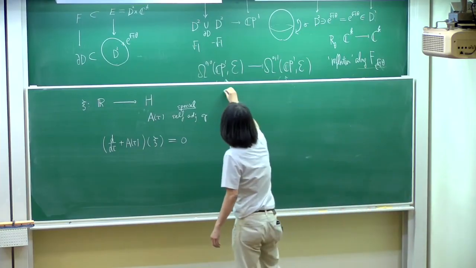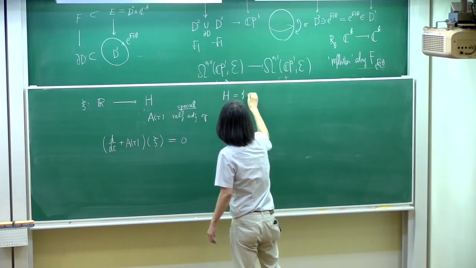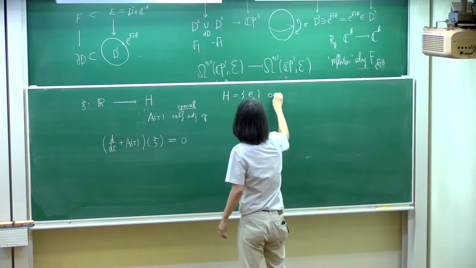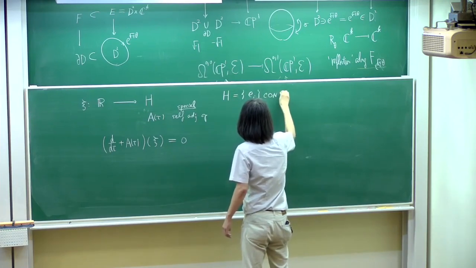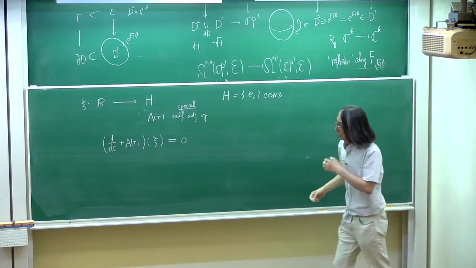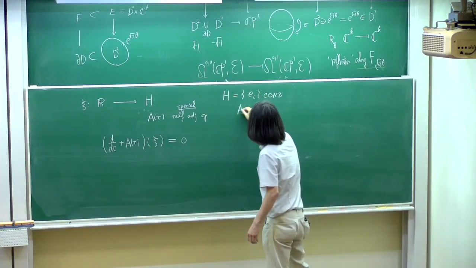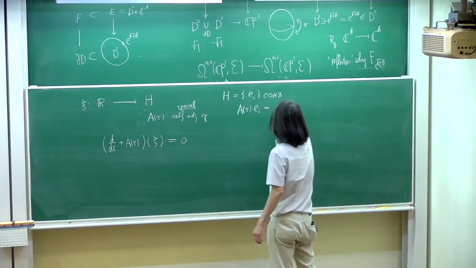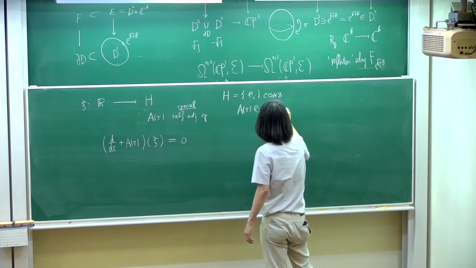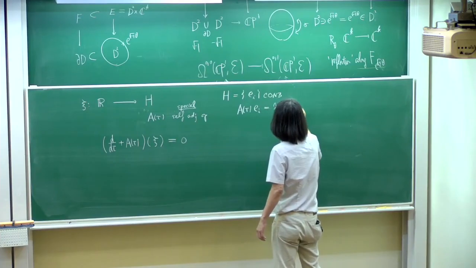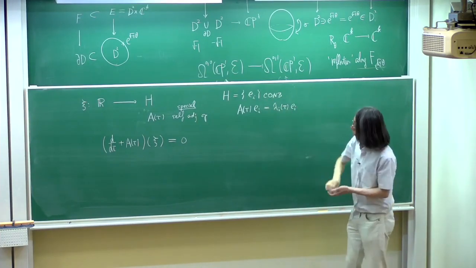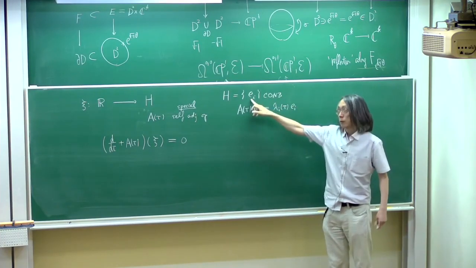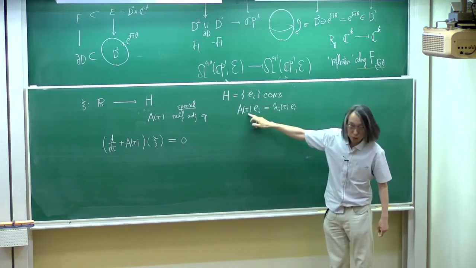So namely, H has an orthonormal basis, a complete orthonormal basis e_i, and then I may just consider A(tau) of e_i is equal to, I don't know, maybe lambda_i(tau) of e_i. So it's a very special type of operator. So the eigenvector doesn't change according to tau.